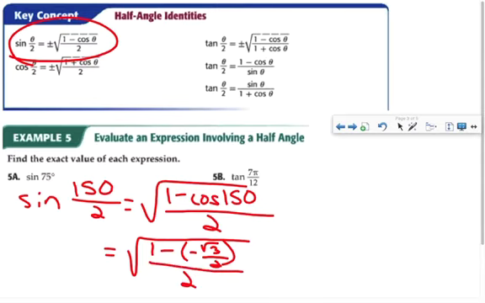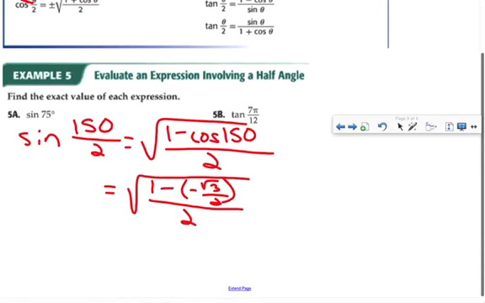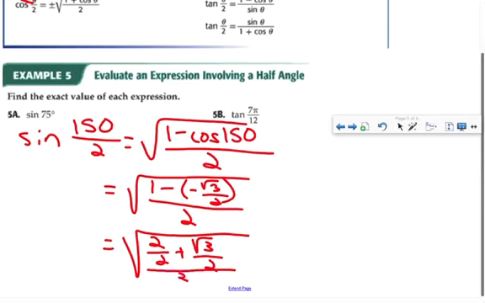And then that's all over 2. And then I simplify. I need a common denominator, so I'll have 2 over 2 plus radical 3 over 2, all over 2.